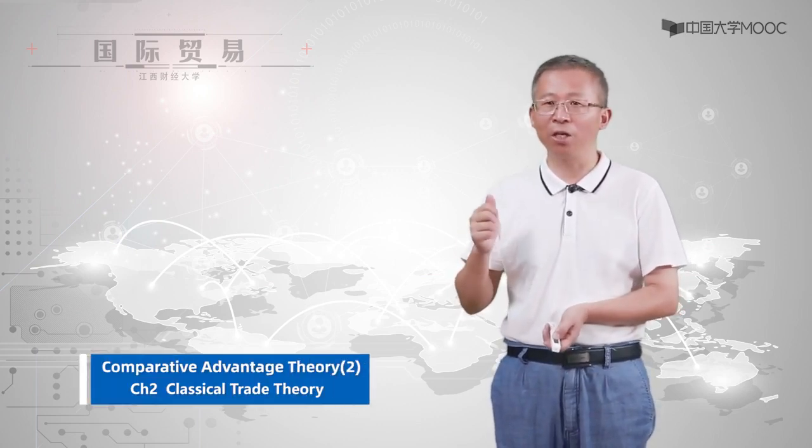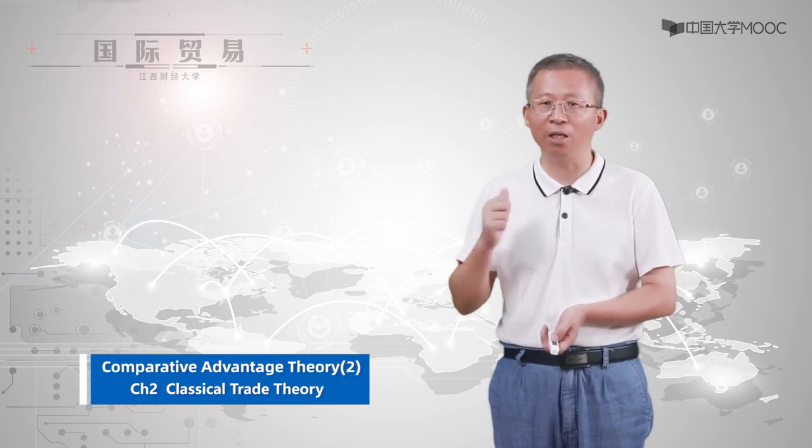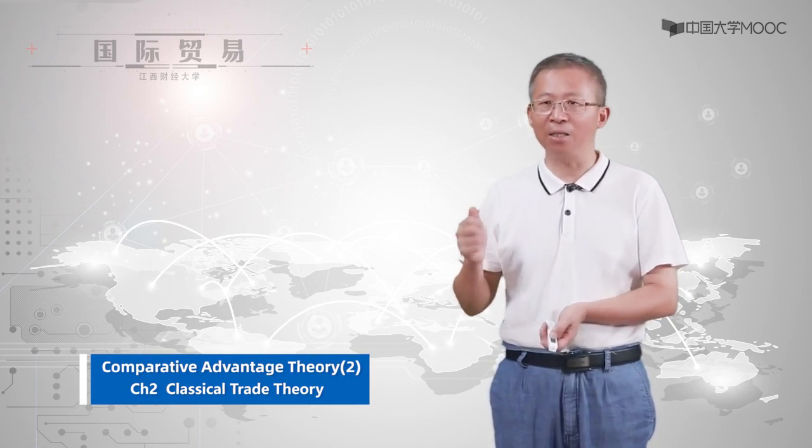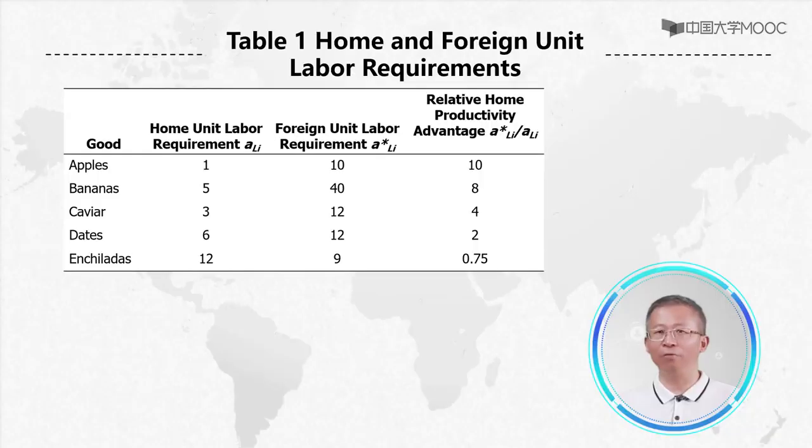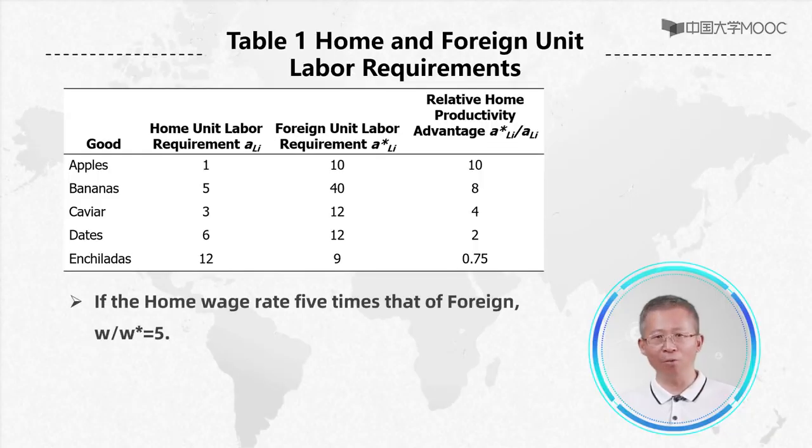Home will have a cost advantage in any good for which its relative productivity is higher than its relative wage. So does foreign. If, for example, the home wage rate is 5 times that of foreign, W over W star equals 5.